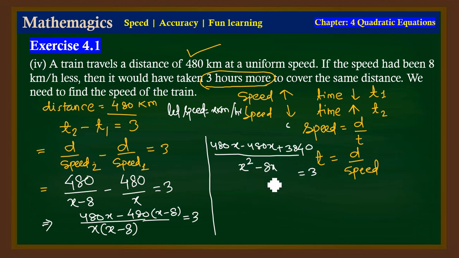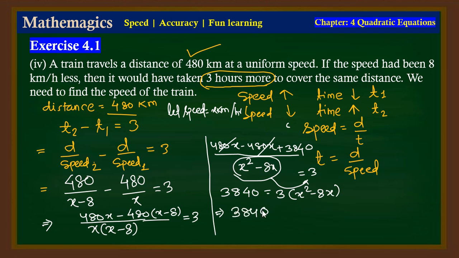So we are going to just cross multiply. 480x minus 480x both cancel. So here 3840 is equal to 3 into x square minus 8x. This implies 3840 is equal to 3x square minus 24x.